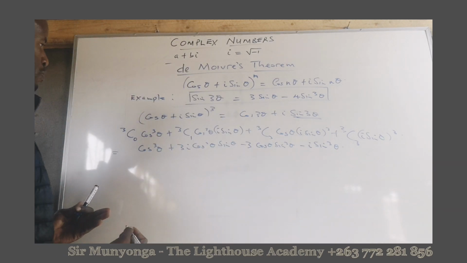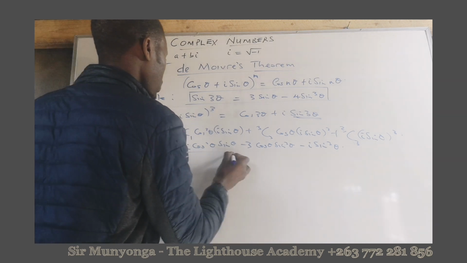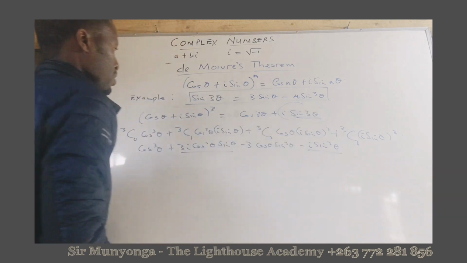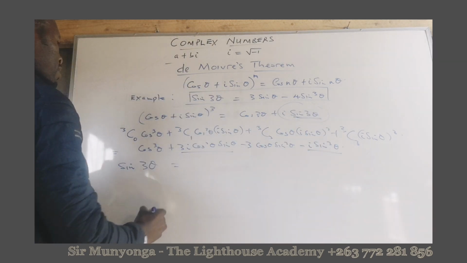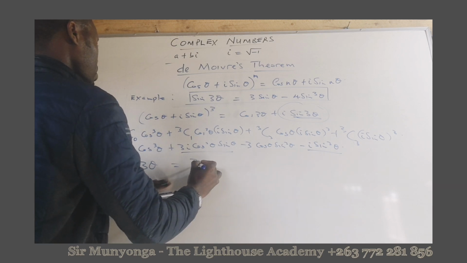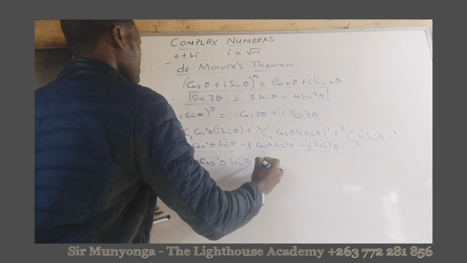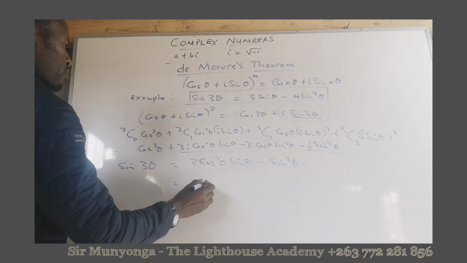So now the next part will be to compare the imaginary parts. We have this and this, which must be equal to sine 3 theta. So we say sine 3 theta is equal to 3 cos squared theta sine theta minus sine cubed theta.